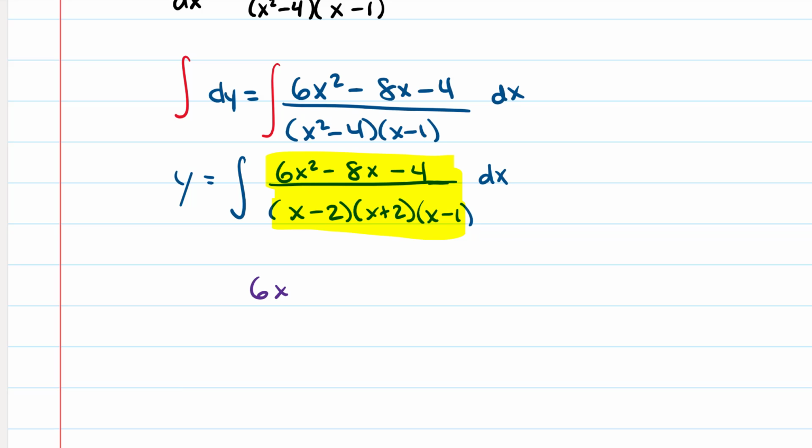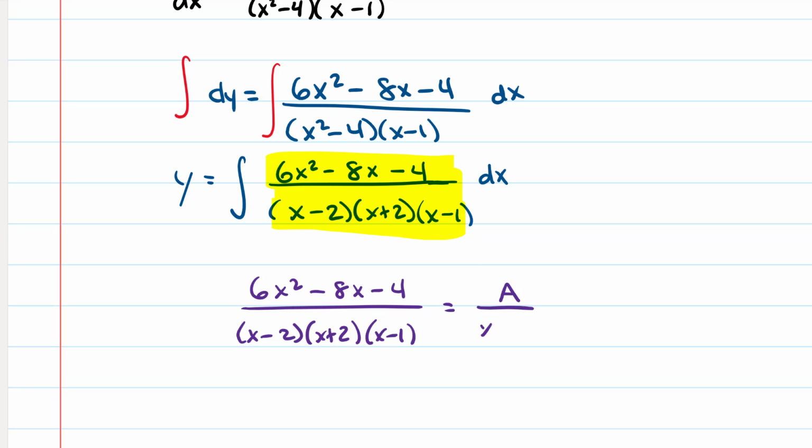So we have 6x squared minus 8x minus 4 all over x minus 2, x plus 2, x minus 1 is going to equal, and the way this works is you put A over x minus 2 plus B over x plus 2, and then you put C over x minus 1.